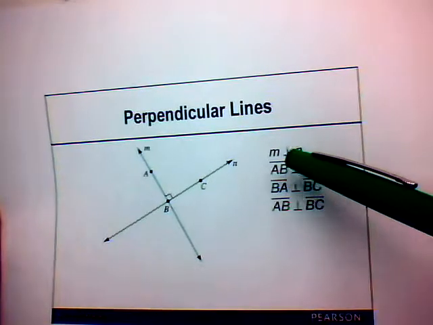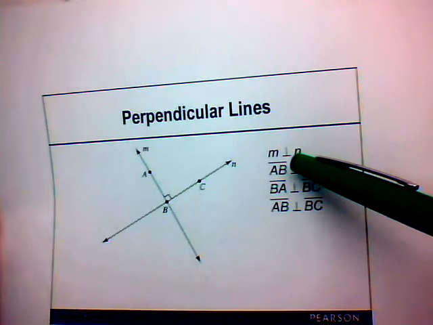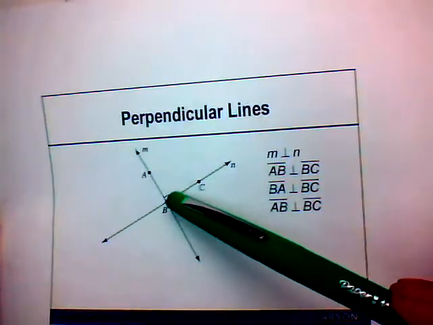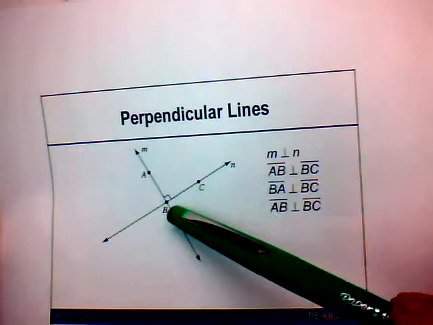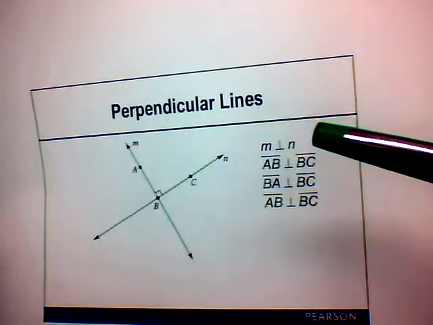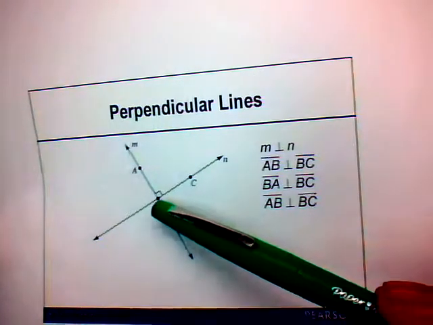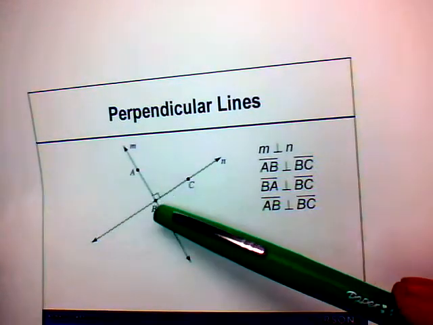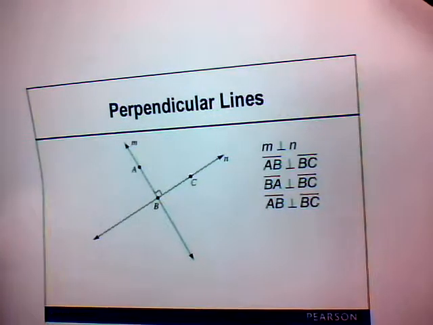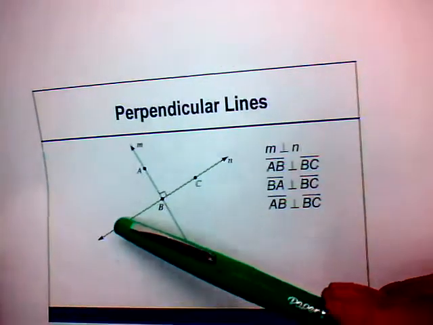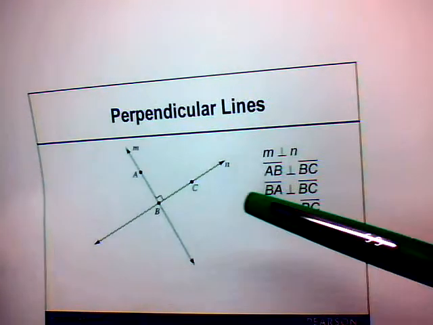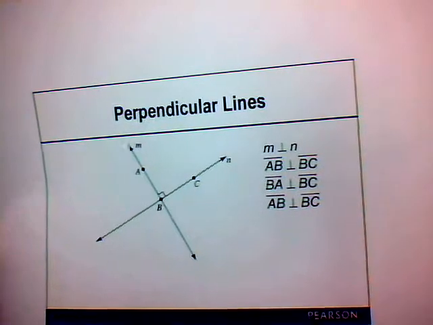M is perpendicular to N. Or another way we can say that is that line segment AB is perpendicular to line segment BC. Or ray BA is perpendicular to ray BC.